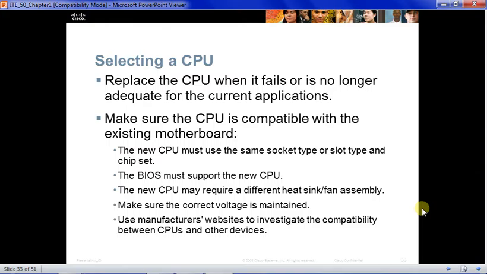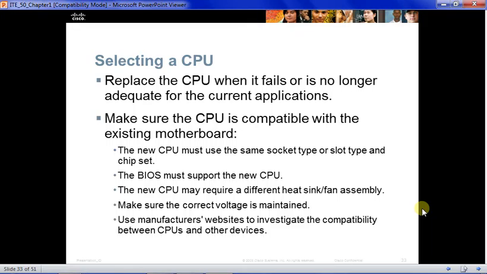CPU. Sometimes our CPU will fail and we will need to replace it. We will need to make sure that the CPU will fit into the socket type or slot type and chipset. You need to make sure the BIOS will support this CPU.